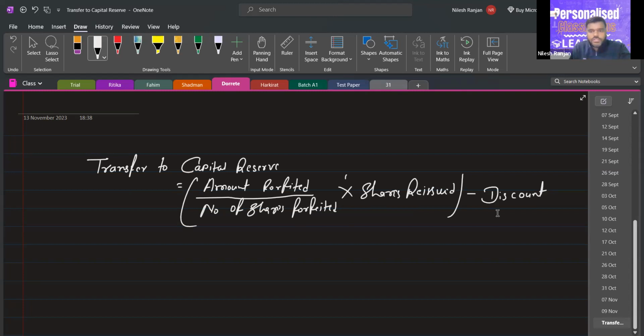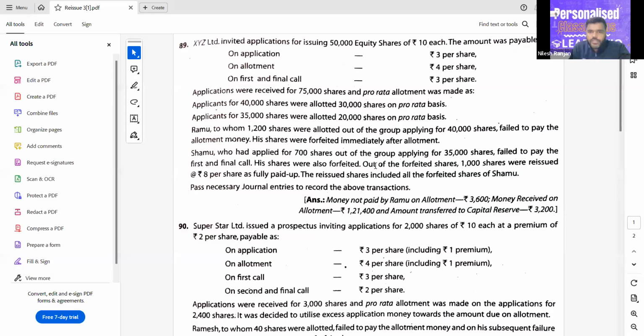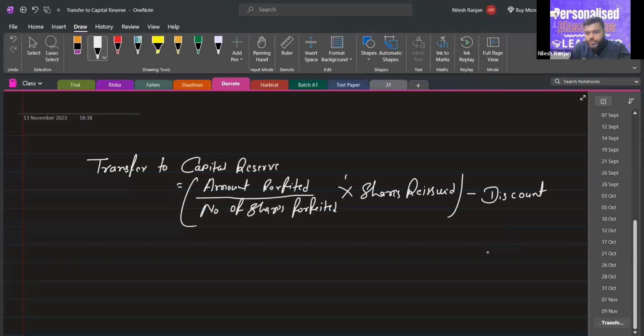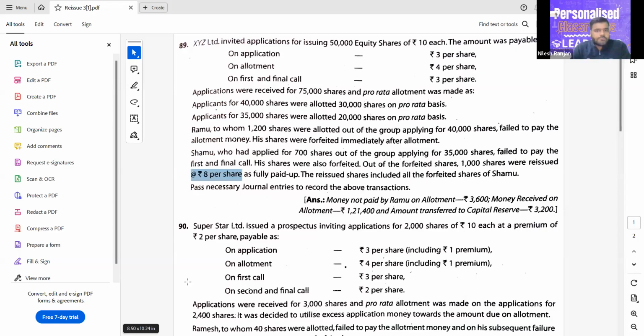Okay. Now the discount part we know, because we have reissued 1,000 shares at the rate of 8 per share fully paid up, meaning a discount of 2 rupees per share, so the total discount is 2,000. Have you calculated the amount of forfeiture? Yes, sir. We have forfeited twice, once after allotment and once after the first call.